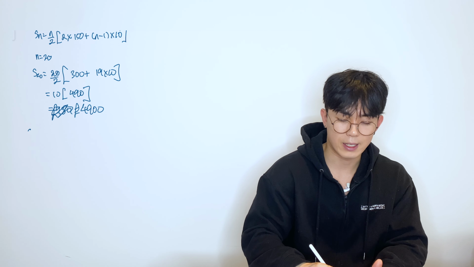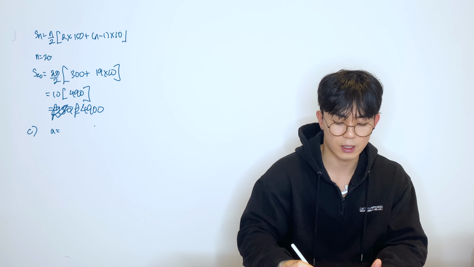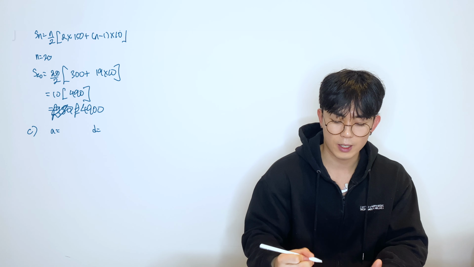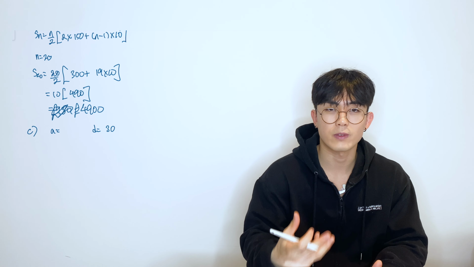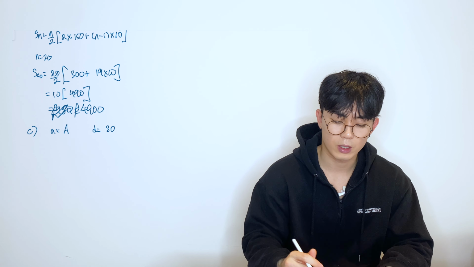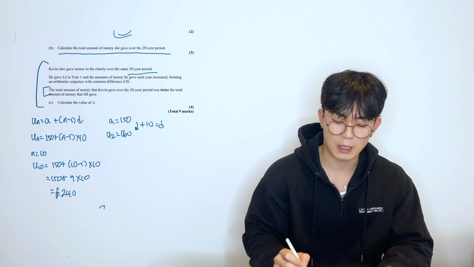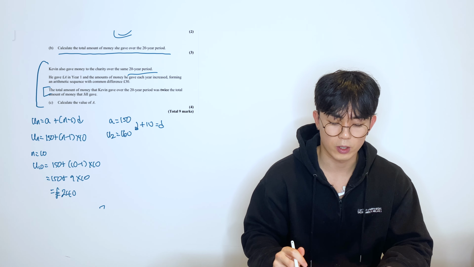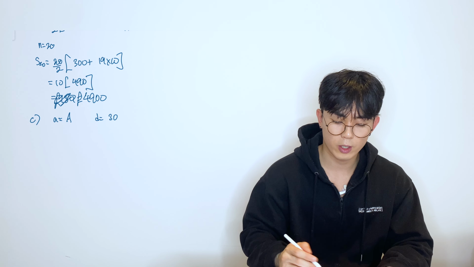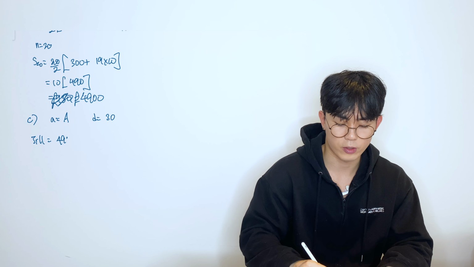So Kevin has his own arithmetic series, so we need to work out his a value and the d value for Kevin as well. Luckily, they told us that Kevin's d value is plus 30, and his initial amount was capital A. Now, from here, they said the total amount that Kevin gave over 20 years was twice the total amount that Jill gave. We know that Jill gave a total of, in part B, £4,900.